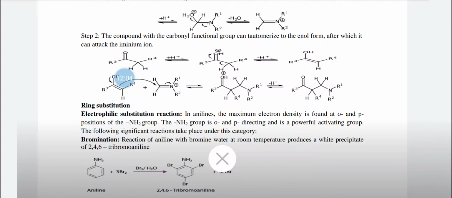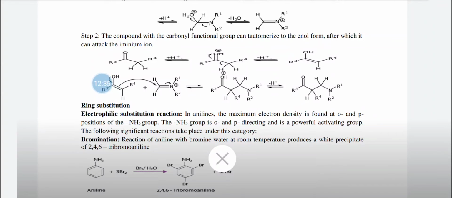The next step, again one more carbonyl compound is there which will abstract a proton and form OH plus. In the next step, removal of H from the adjacent carbon atom forms the corresponding product like this, which again reacts with the compound of the first step.